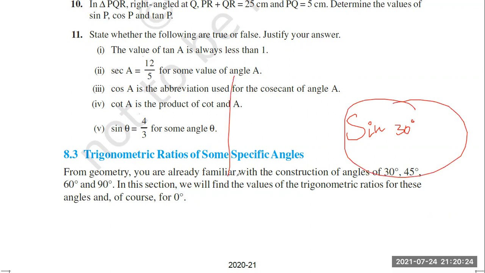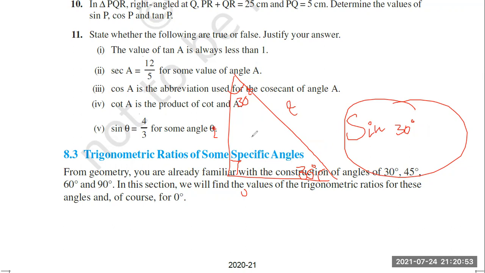Sin 30 means, where is this 30? Is it here or at the top? We know that one angle will obviously be 90 degrees. So in such cases, how do we find the trigonometric ratios of such specific angles?